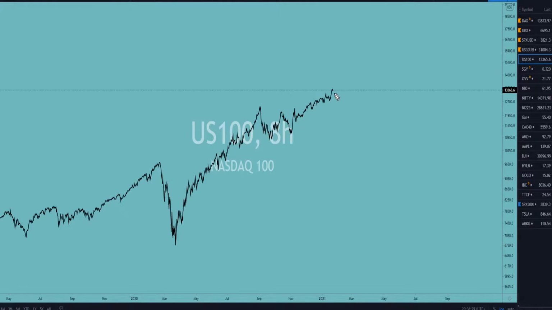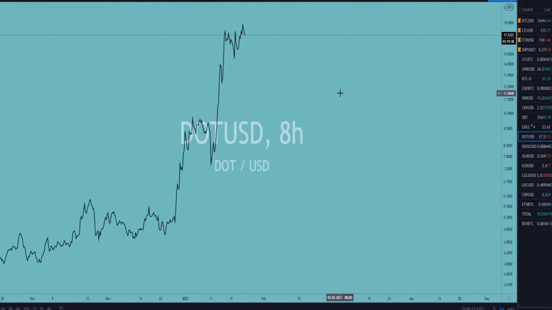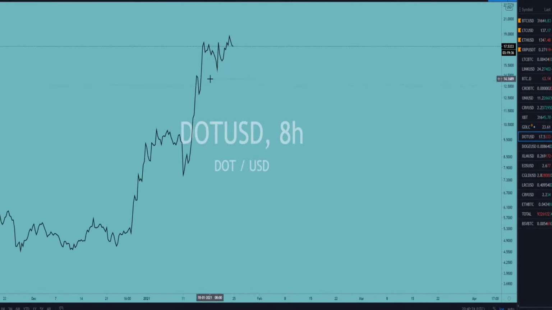There's no end of correction here. There's no correction even. DOT is forming a running correction like the rest of the cryptos.